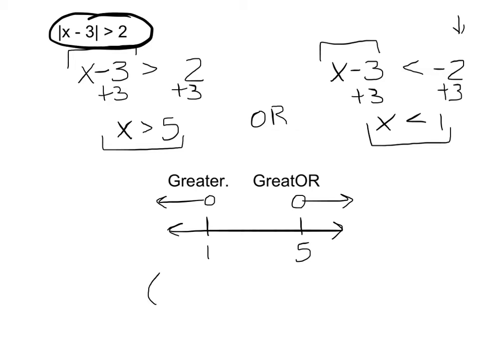If I was going to put this in my interval notation, it's a circle bracket because it's greater than and not greater than or equal to. Notice that both of these are circle brackets. These brackets will always match because if we use greater than, we're going to use less than. If we use greater than or equal to, we're going to use less than or equal to. Let's look at the other example.